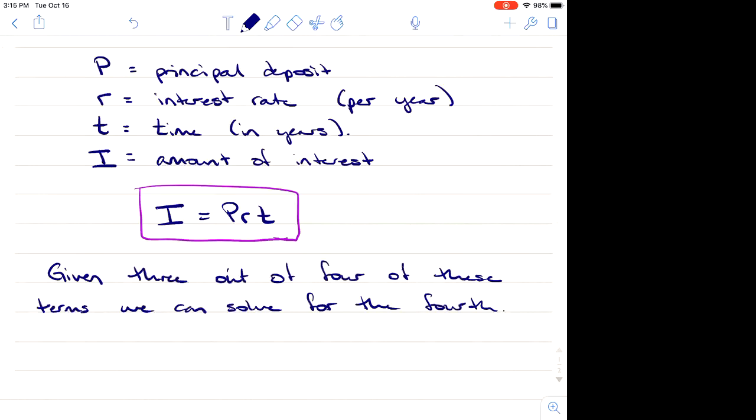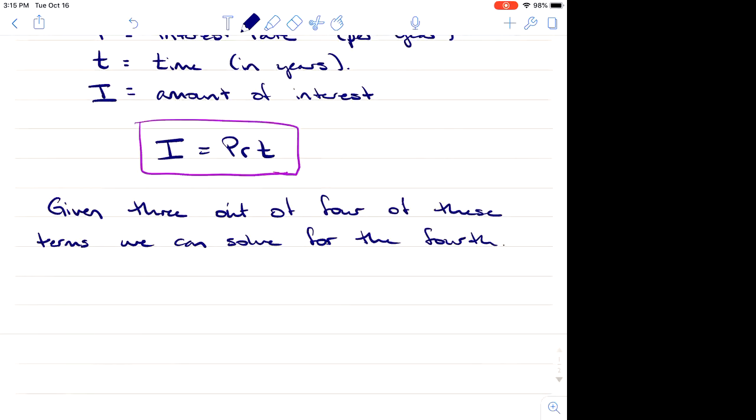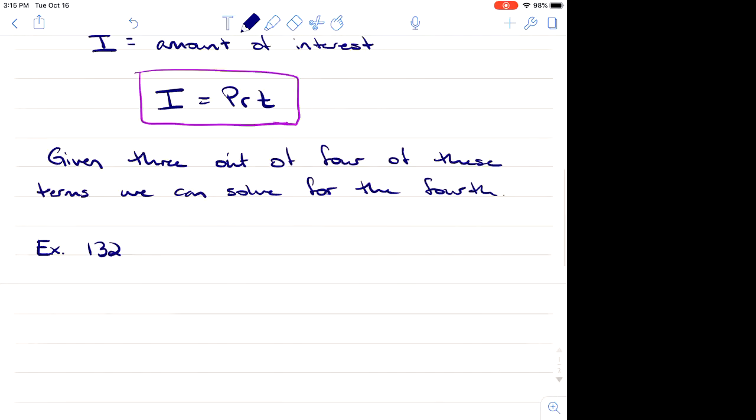So let's do a little example. Example 132, we're gonna write it out. If $5,000 interest is earned in 1 year at an interest rate of 7.3%, what amount was initially invested?